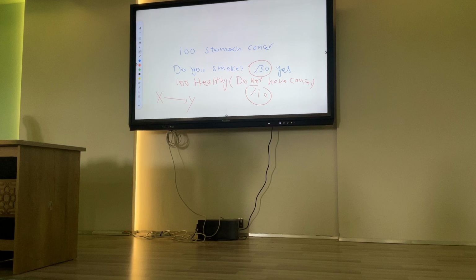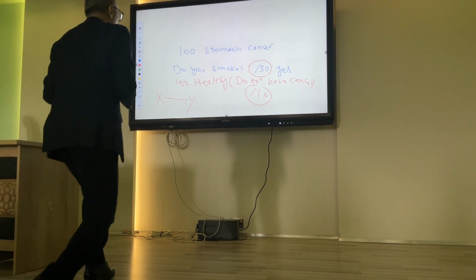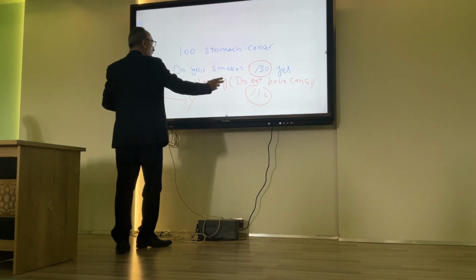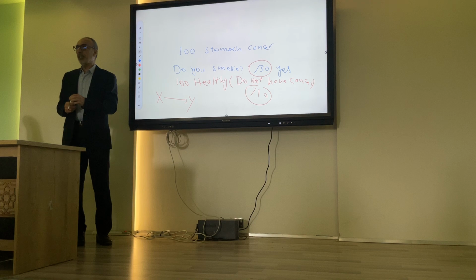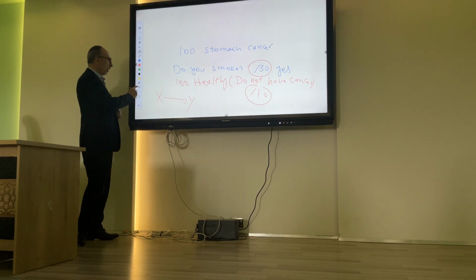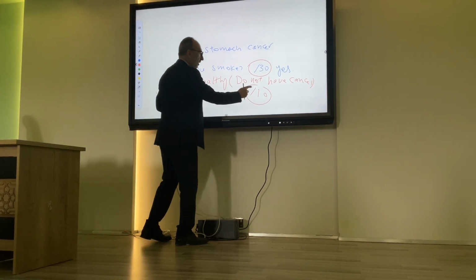Healthy means they are just free of stomach cancer. They may have, for example, some joint disorders. The control group should be free of that kind of disease, okay? So if 10% of this group are smokers, we can say that there is a relationship between smoking and stomach cancer.